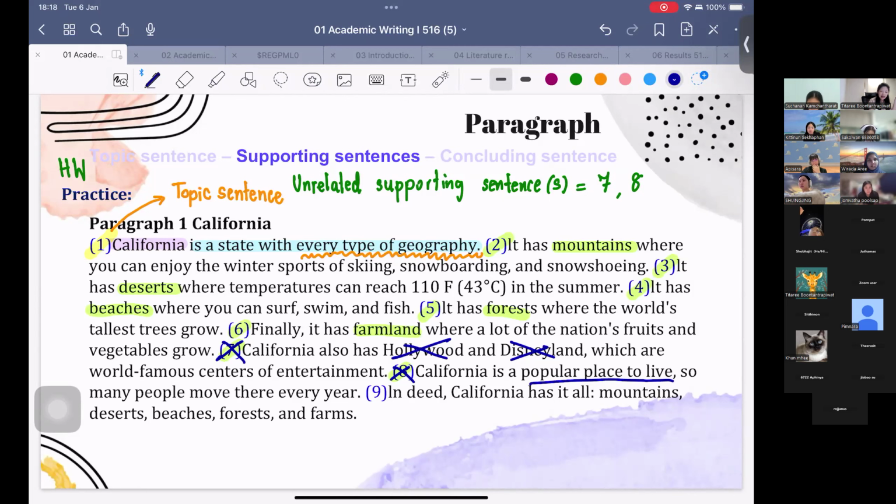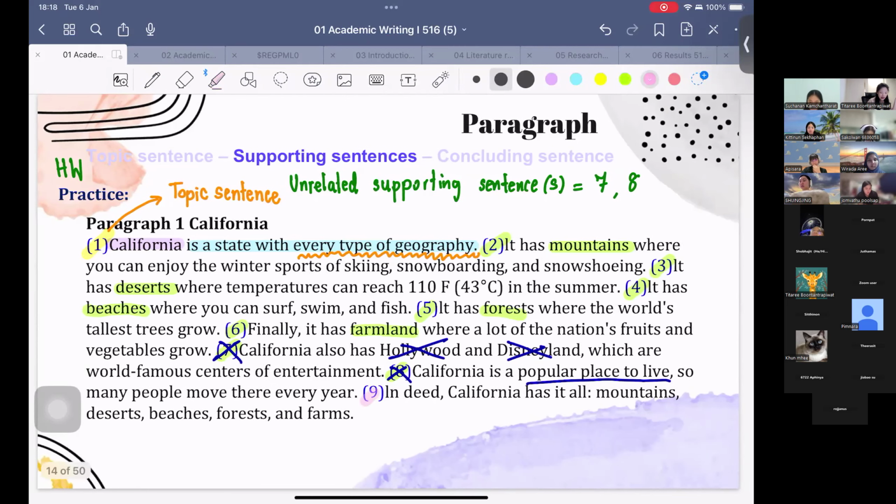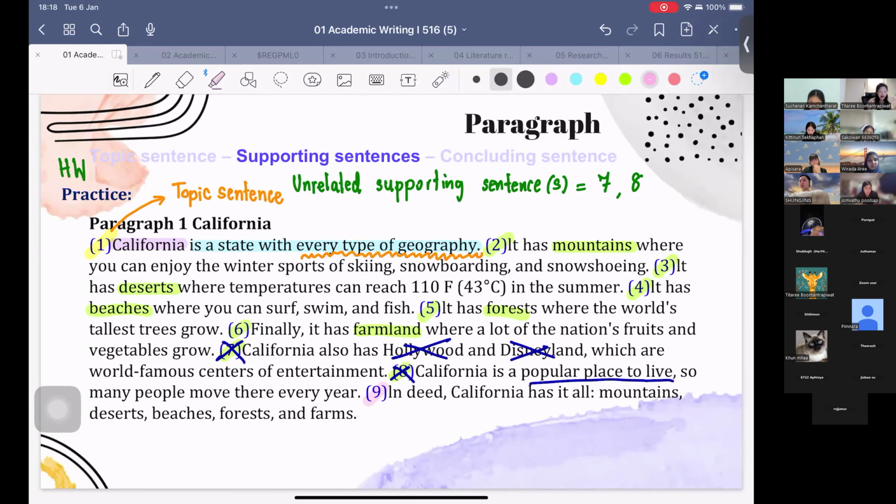And for sentence number 9, if you read it, it's similar to sentence number 1. Sentence number 9 here is the concluding sentence. With a concluding sentence, you're going to see that it is composed of the topic, which again repeats the idea of California.